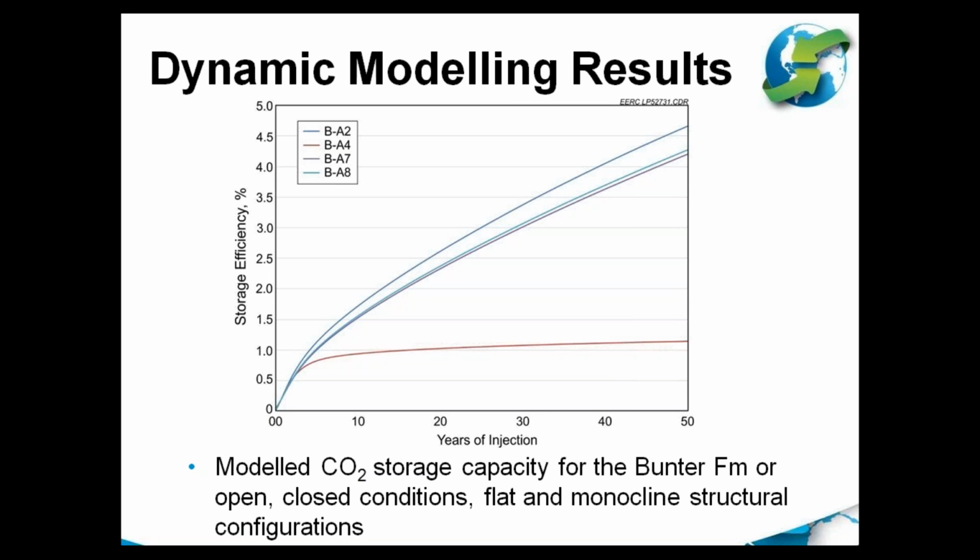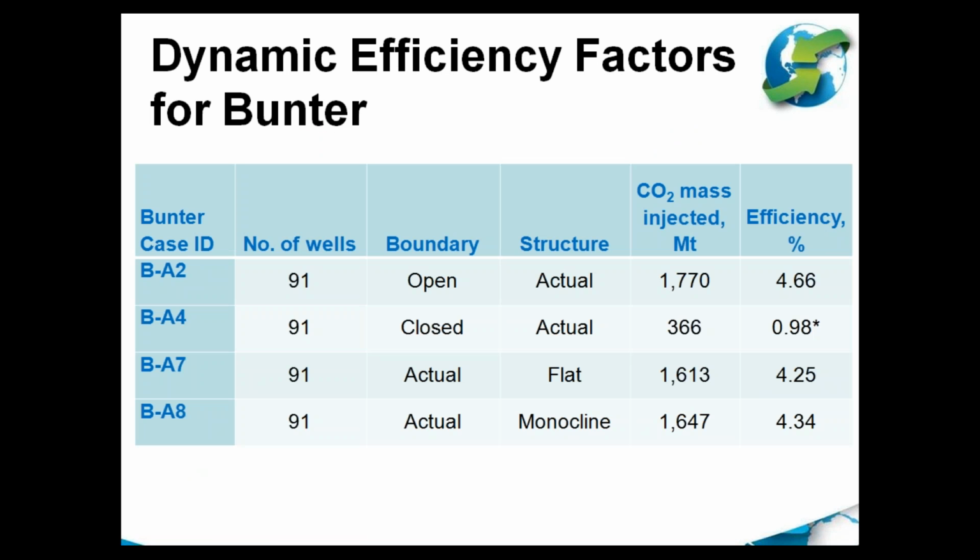And we see this summarized in this table, which shows just how substantially different closed conditions are as compared with what is assumed to be an open condition, and in two other different structural configurations.